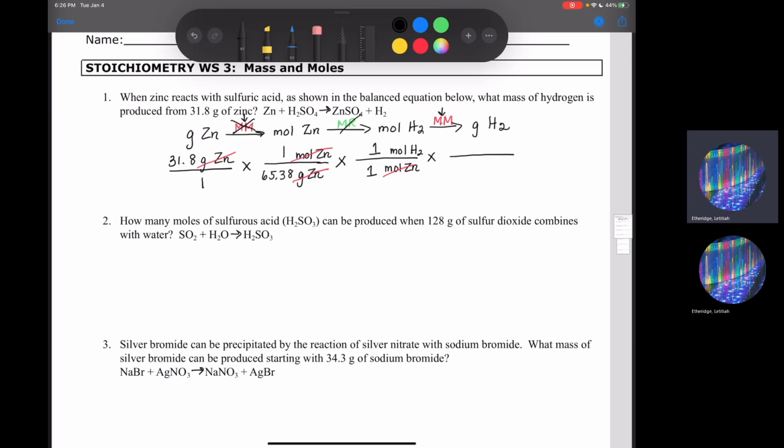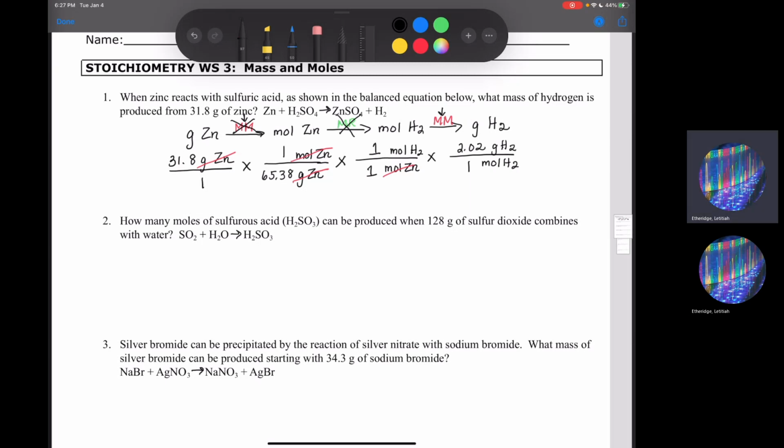Okay, so now we have gone through the second conversion step, and now we are at the last one. We're trying to go from mole to gram. So we have mole of hydrogen in the numerator, put mole of hydrogen in the denominator, gram of hydrogen on top. Please remember molar mass is grams per mole. If you remember, 1 mole of hydrogen should be 2.02.